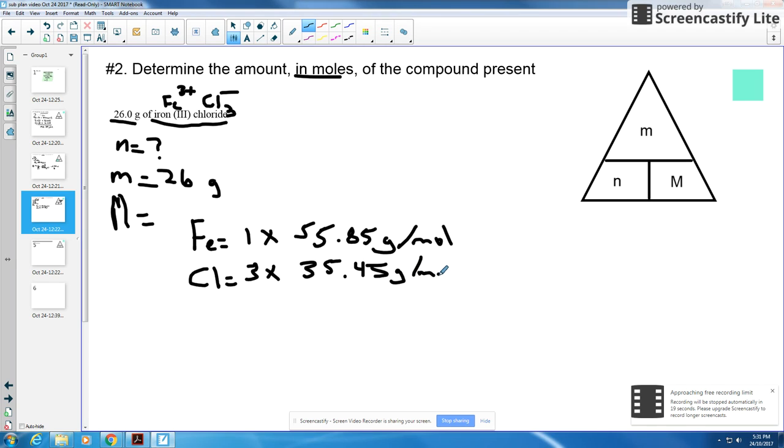I'm going to be kicked off my little screencast here, so we've got to wrap this up. Put that in brackets, add it up, and you guys should get 162.2. Okay, and we'll finish this in the next video.